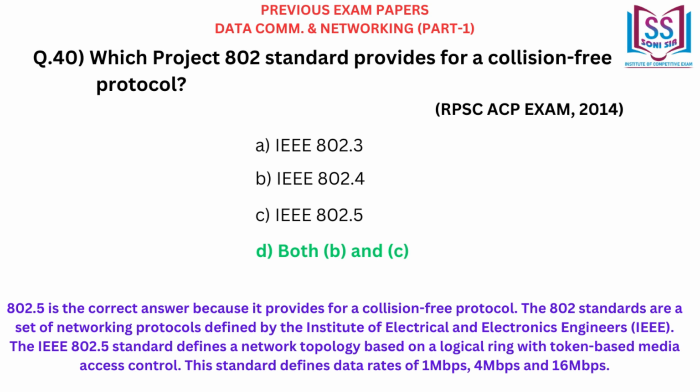The IEEE 802.5 standard defines a network topology based on a logical ring with token-based media access control. This standard defines data rates of 1 Mbps, 4 Mbps and 16 Mbps.